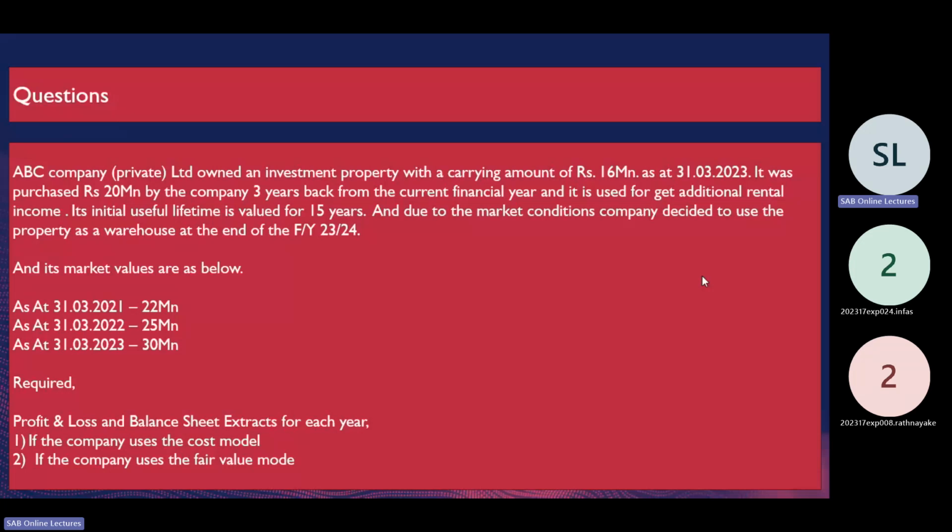Its useful life is 15 years, and due to market conditions, the company decided to use the property as a warehouse at the end of the financial year 2024. Its market values are as below: as at 31st March 2021, 22 million; 2022, 25 million; 2023, 30 million.